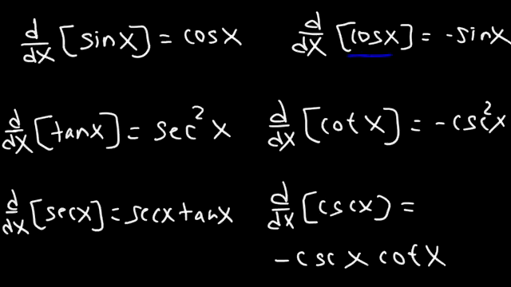Anytime you have a trig function that starts with a c, notice that in the derivative they all have a negative sign. So that can help you to remember the derivatives of the 6 trigonometric functions. So if you know the derivative of sine, tangent, and secant, you can easily find the derivative of cosine, cotangent, cosecant, looking at the similar relationships between what you see on the left side and what you see on the right side.